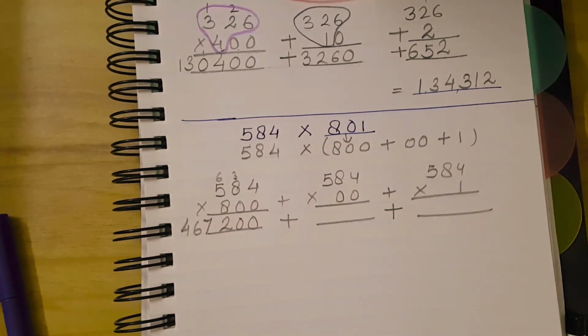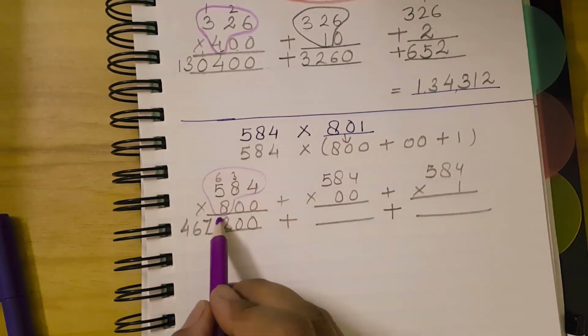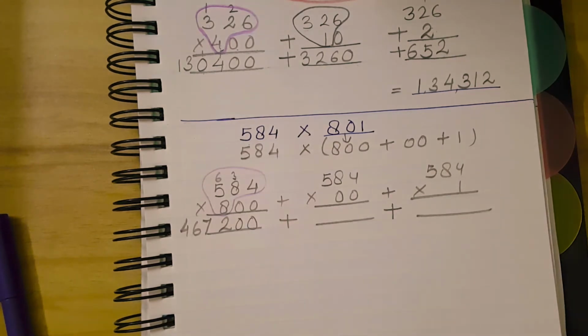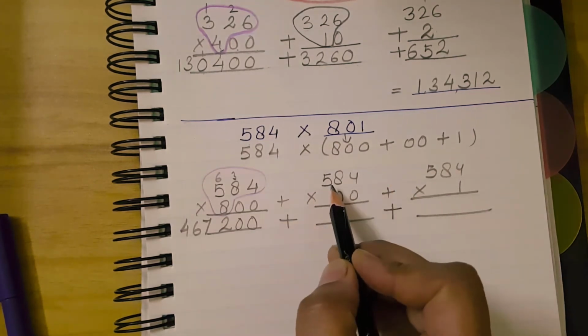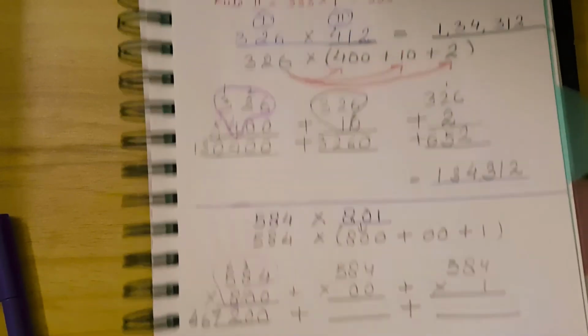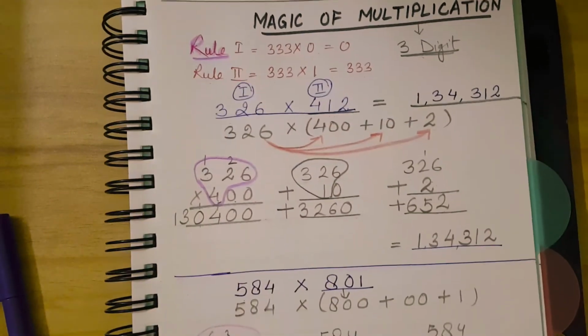See, whenever you have a zeros number, only multiply with the number first and put zeros. Whatever the number of zeros you have. So here you can see this is rule number 1. Any number multiplied with 0 always gives you a 0, right?